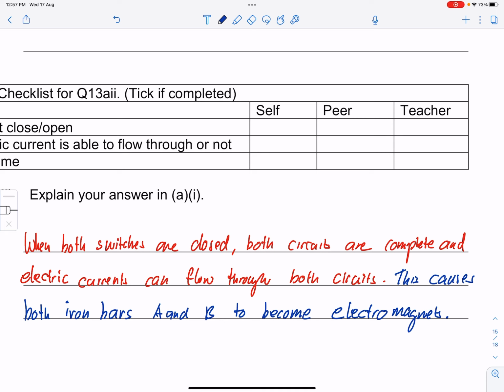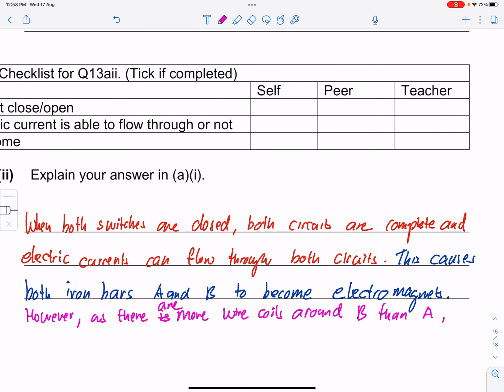Okay, this is the outcome part. However, as there are more wire coils around B than A, iron bar B is a stronger electromagnet than A. Okay?